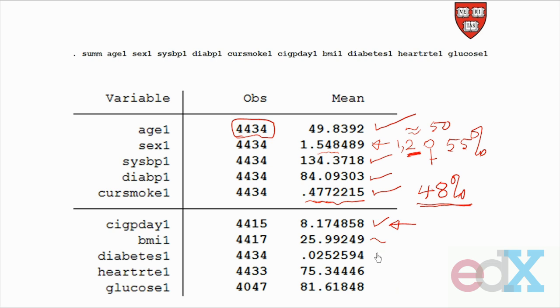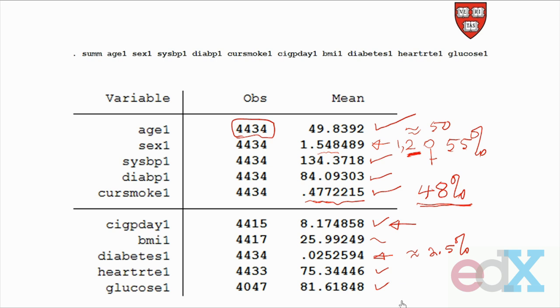BMI averaged at 26. Diabetes, very small. This, once again, is a 0-1 variable. So roughly 2.5% to 3% were at the value 1, which means they had diabetes. And the heart rate averaged about 75, and the glucose averaged about 81.6.